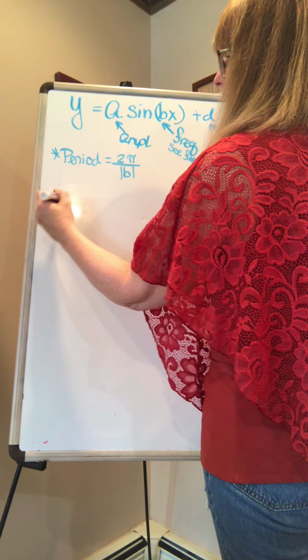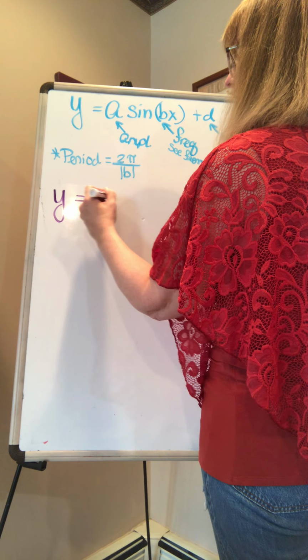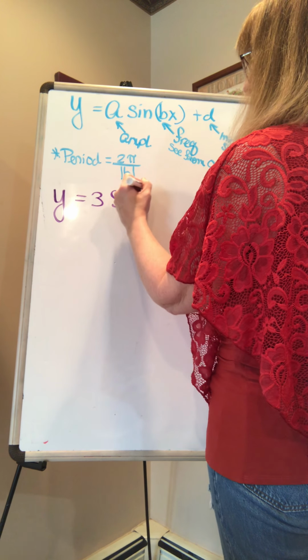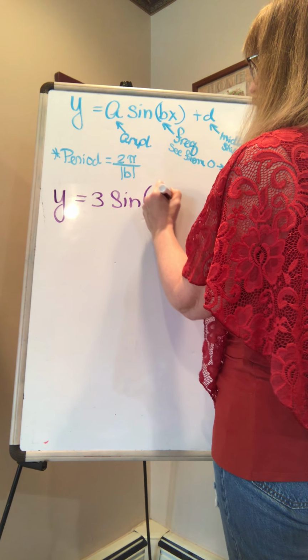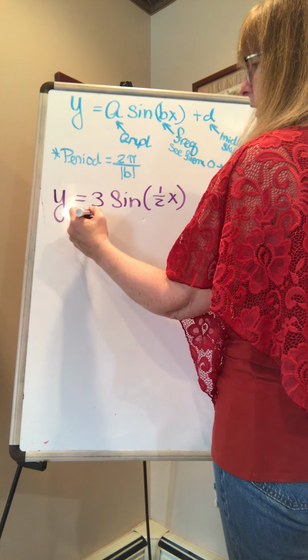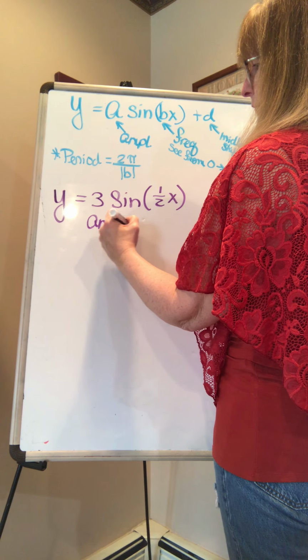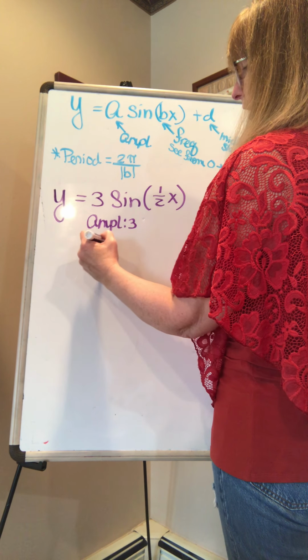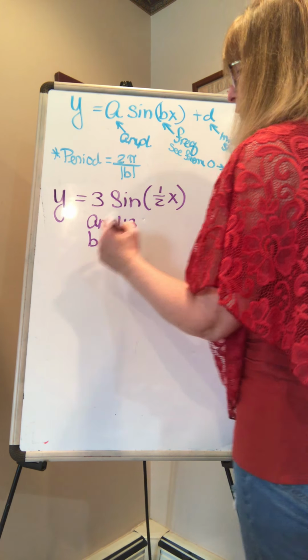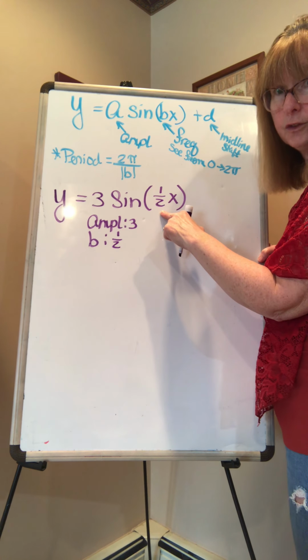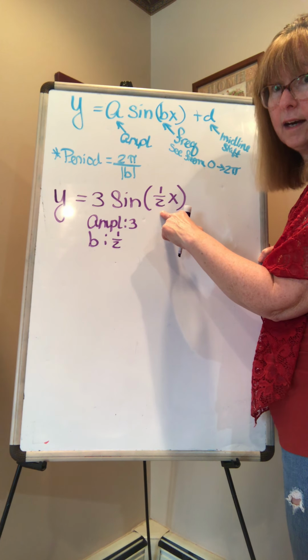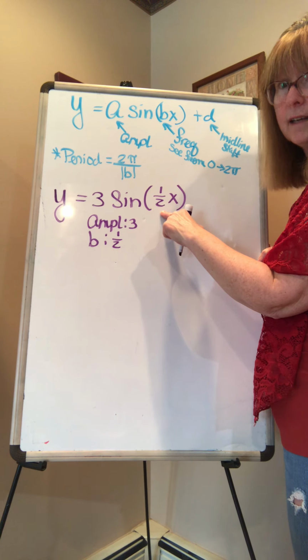So if y is equal to 3 sine of 1/2 x, here's my amplitude of 3. My frequency is 1/2. Now this 1/2 means a horizontal stretch. I am taking twice the size of the x-axis.